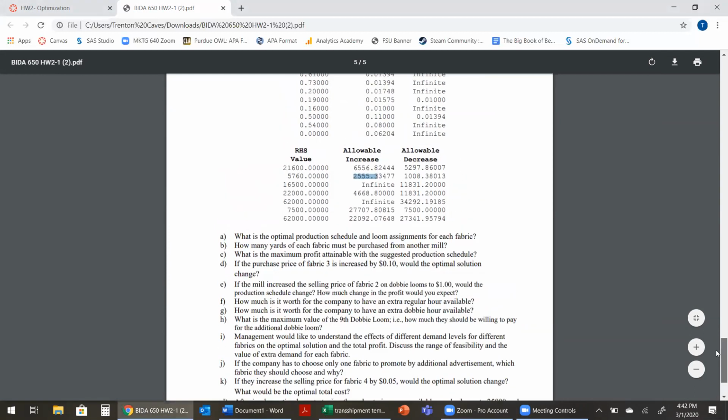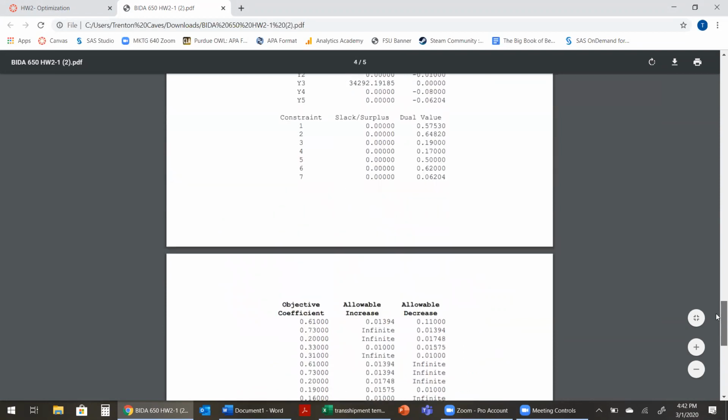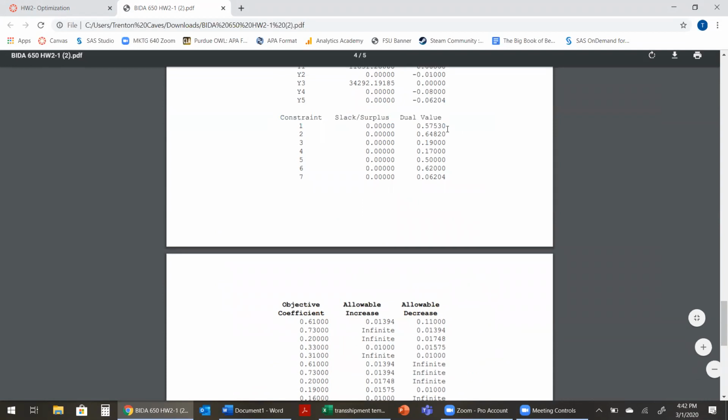So let's calculate based on our dual values.